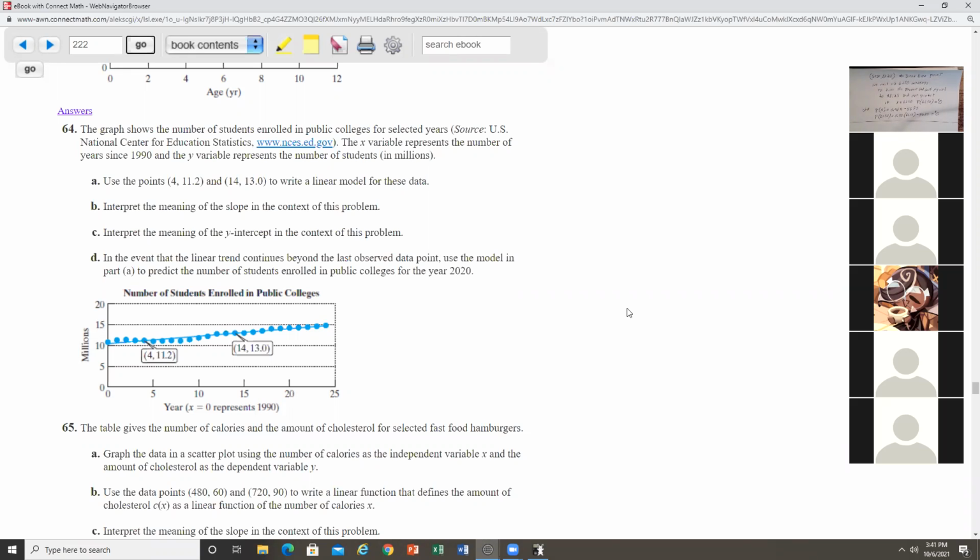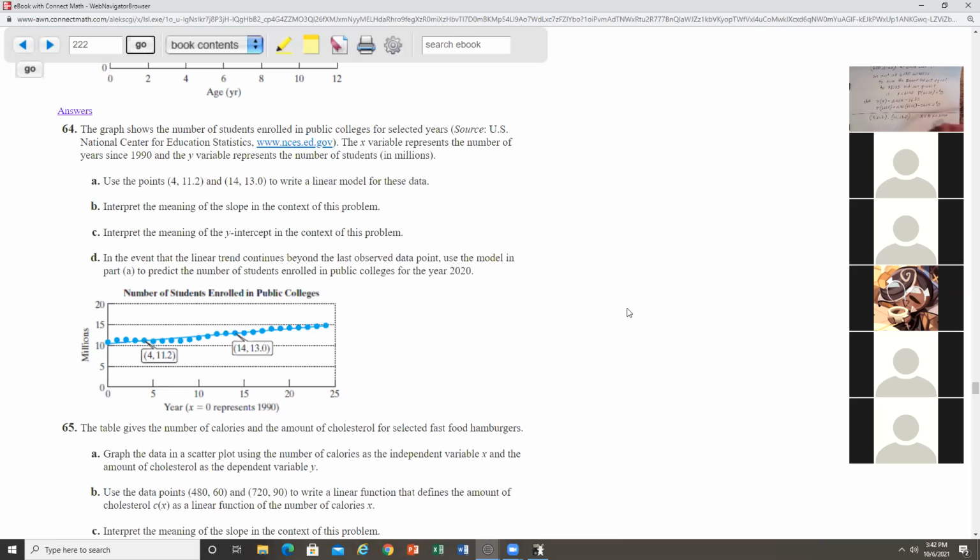How are we going to do that? And can somebody interpret for me what these points are even saying? 4, 11.2 and the point 14, 13.0. What are these points even saying? What was X again? X represented the number of years since what year?